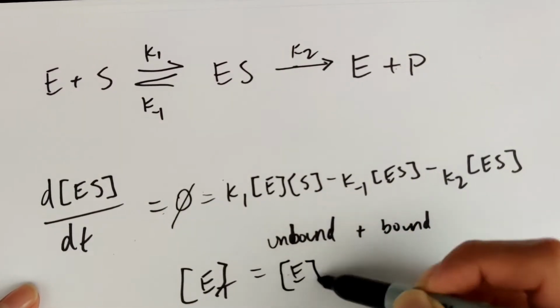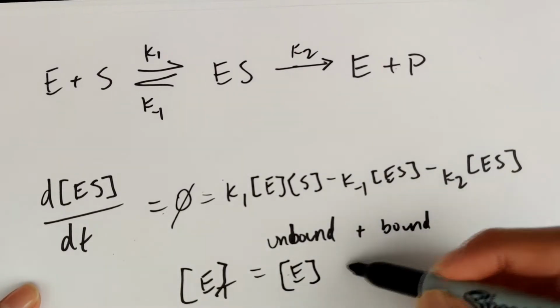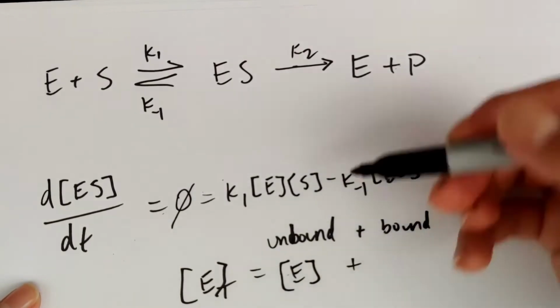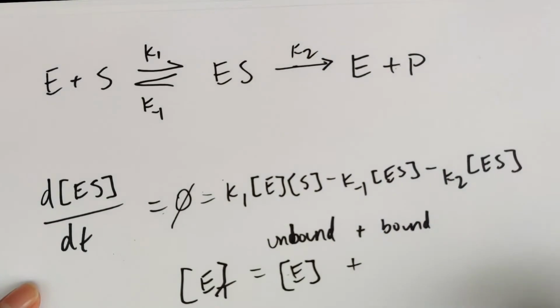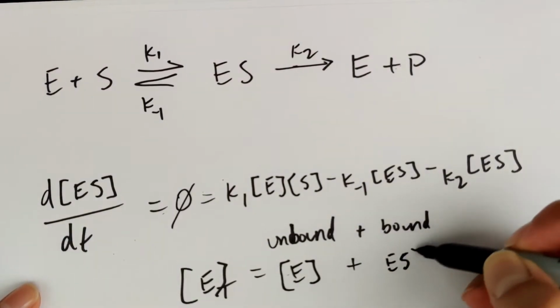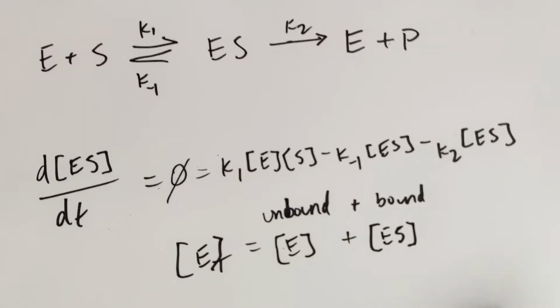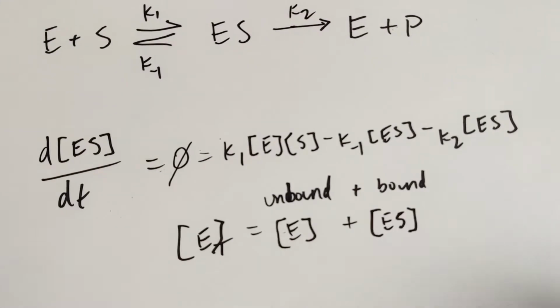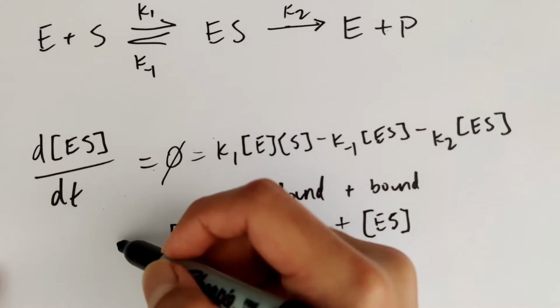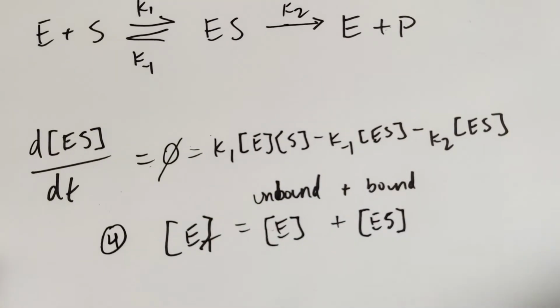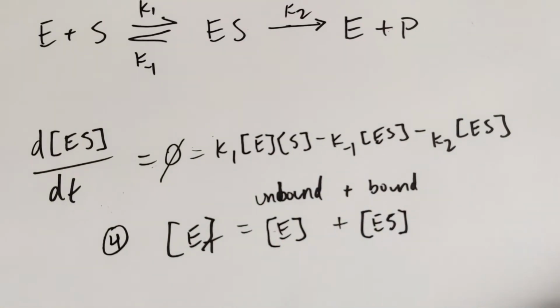So the concentration of enzyme, E, plus the bound, which would be the enzyme-substrate complex, gives us our total enzyme concentration. Now this would be considered one of our four main equations for the Michaelis-Menten equation.